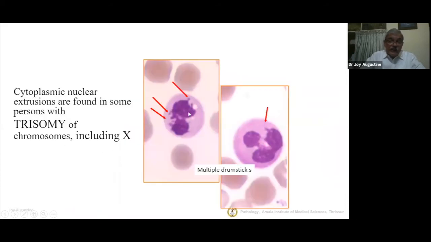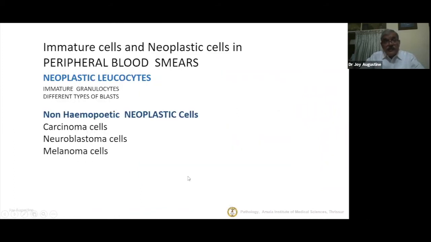Now if you find multiple drumsticks, think of trisomy, including trisomy X. Now, immature cells and neoplastic cells in the peripheral blood smears. We look at different types of cells: carcinoma cells, neuroblastoma cells, melanoma cells. They can all appear in the peripheral blood smear.